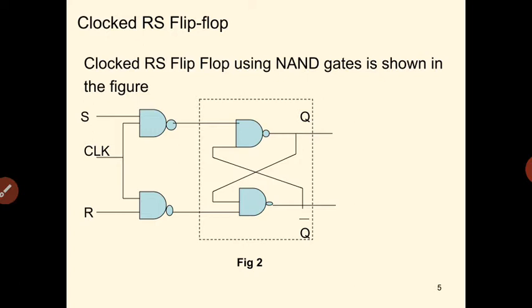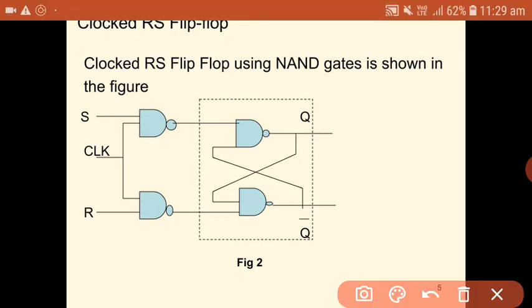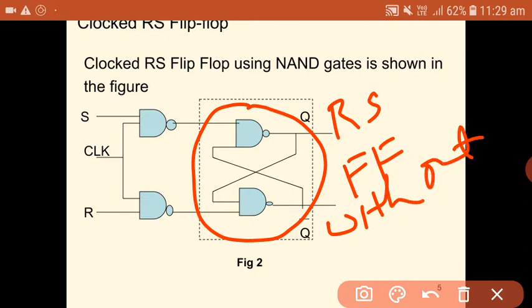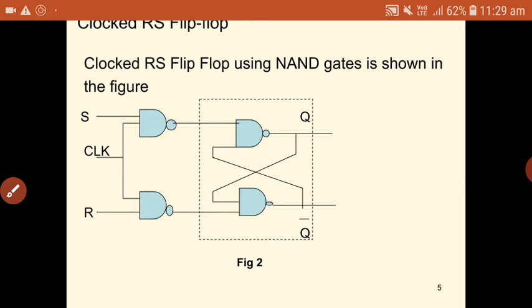Earlier, in the previous lecture, we discussed this circuit, which you are calling RS flip-flop, and this is nothing but without clock. Now we will discuss the extension of that, whatever we have seen in the previous lecture, which will be extended with the help of clock.